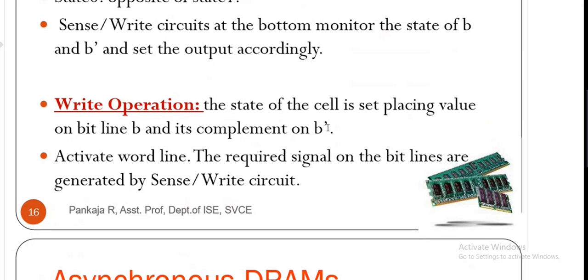I am sending the data from the data lines and storing it into the memory. That is write operation. If it is 0011 or something, it will activate the bit lines: if it is 0, it will make it low; if it is 1, it will make the corresponding bit line high. But it is applicable only for the row that is selected.